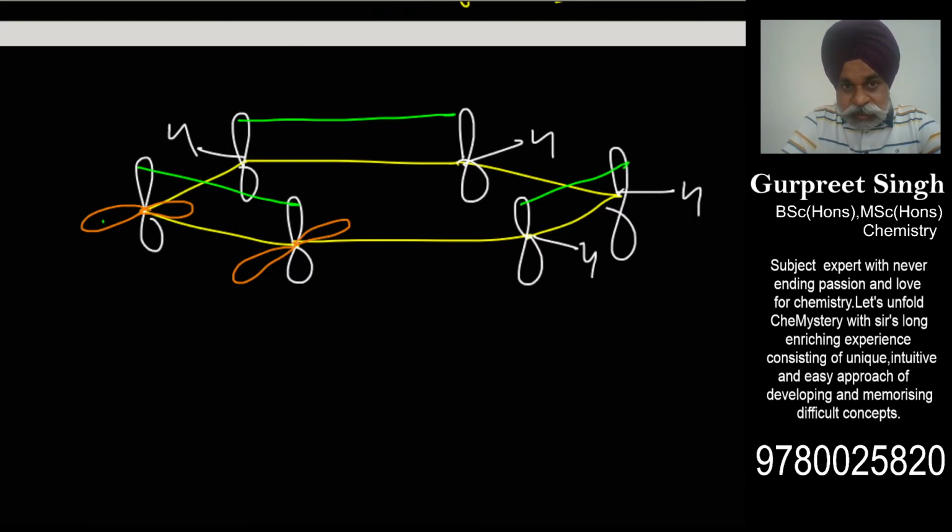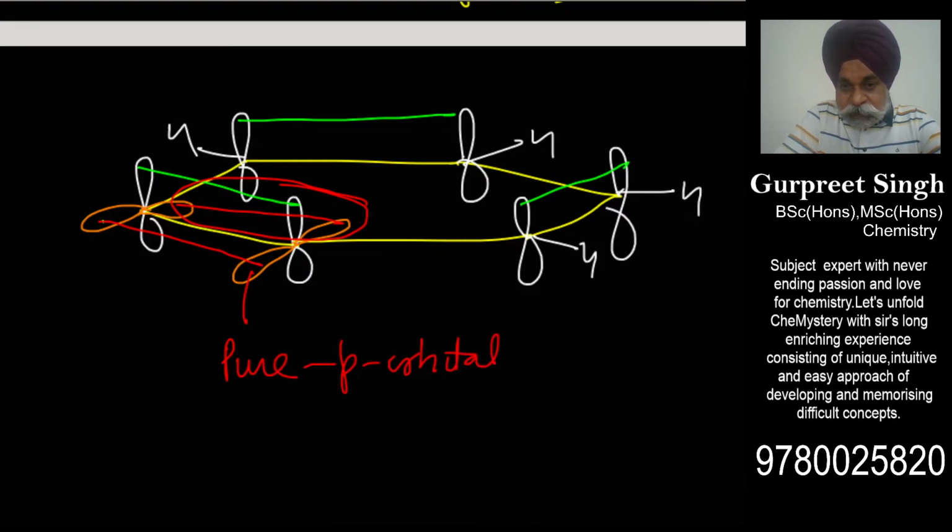Now, once I write it like this, that this would undergo sideways overlap, there is a lot of electron density inside the benzene. If this were a pure p orbital making a pi bond, then the two lobes of the p orbital would be equidistant, of the same size, length and breadth in both directions.